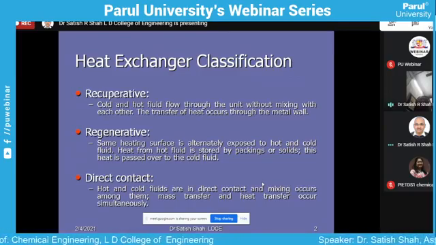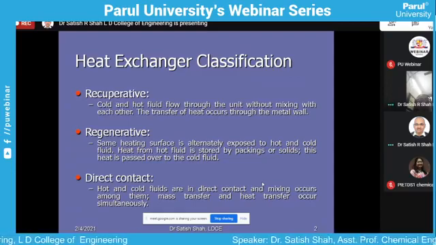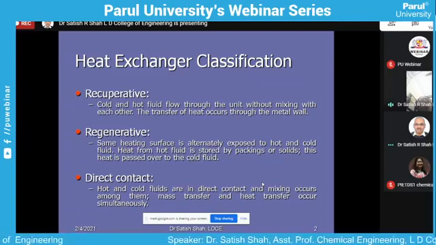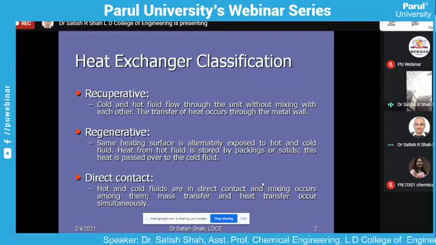And the third type is direct contact. Direct contact means both fluids come in direct contact. Take the example of a cooling tower. All of you know that the cooling water goes to the heat exchanger in the process, and while returning the temperature will be hot, and we take that to the cooling tower.